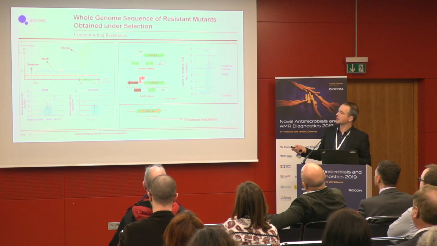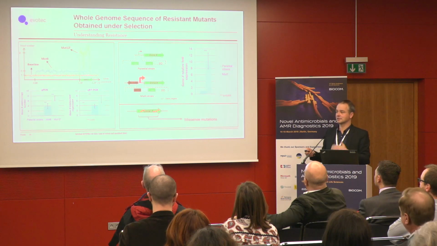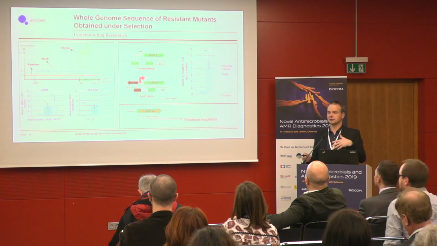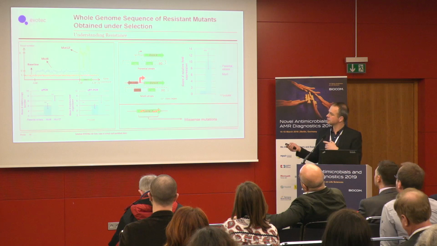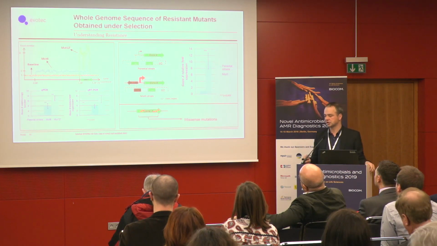We saw also duplication and sometimes to a very large degree of the Gen X itself. So even when you do a very raw, spontaneous frequency of resistance experiment, you can see also these kind of weird events, not only mutation, but also this amplification of the gene. And sure enough, Gen X is the target.